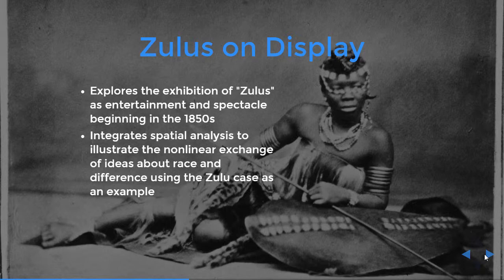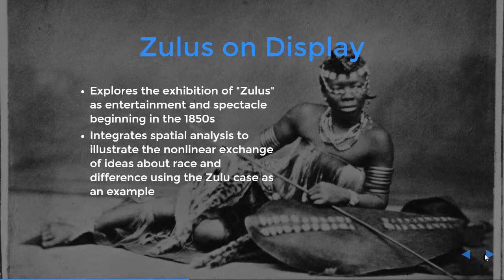And so this project, Zulus on Display, explores the exhibition of Zulus as entertainment starting in the 1850s and really going forward until the present, but I'm not sure what the limitations I'm going to put on that are going to be. And the reason that I chose spatial analysis to illustrate this, one, it's really dynamic.